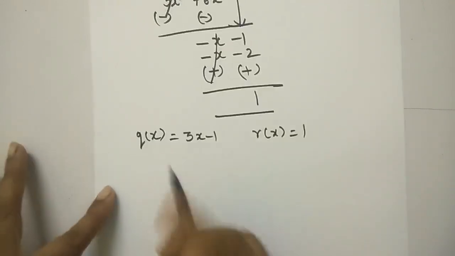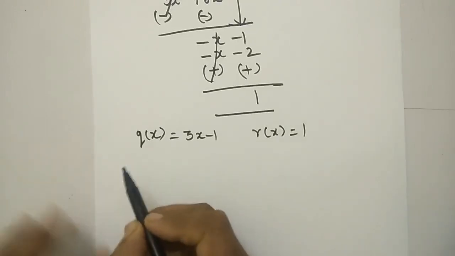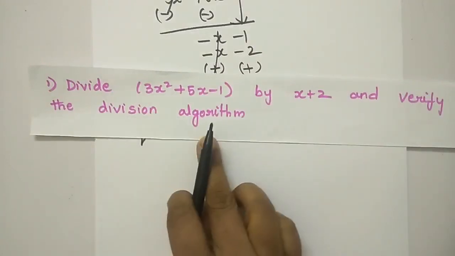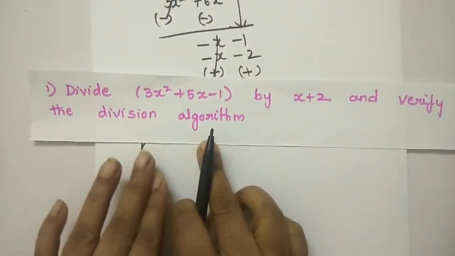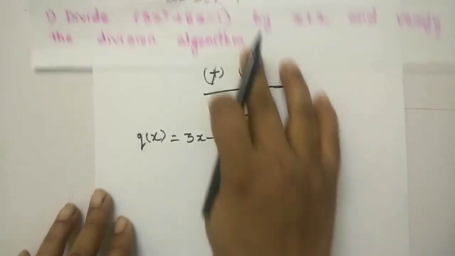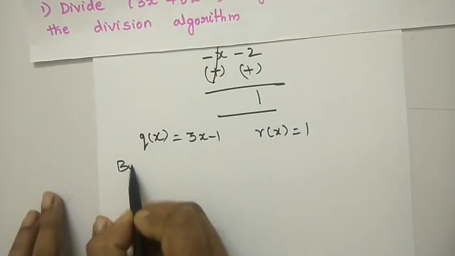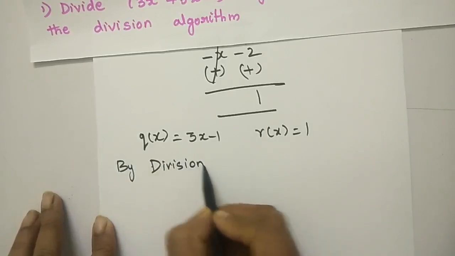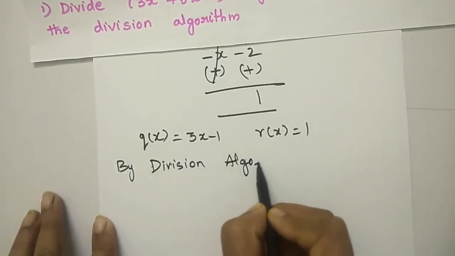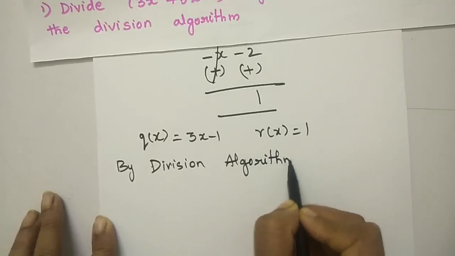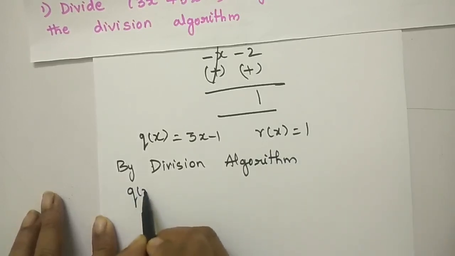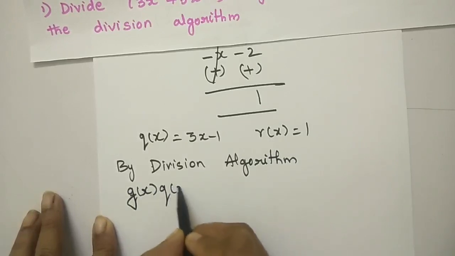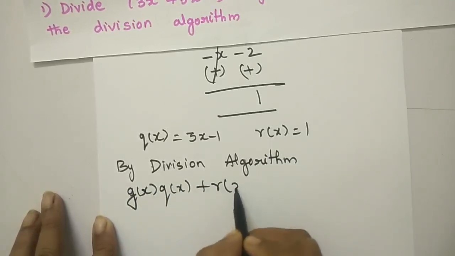Okay, now we have to verify by using division algorithm. We have done the division and they asked to verify using division algorithm. So by division algorithm, we have g of x into q of x plus r of x, is it not?